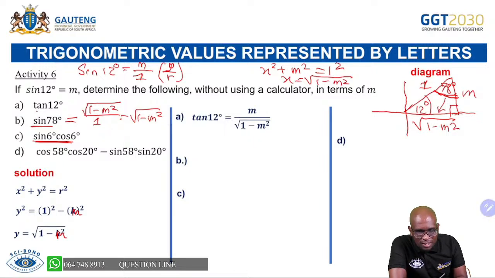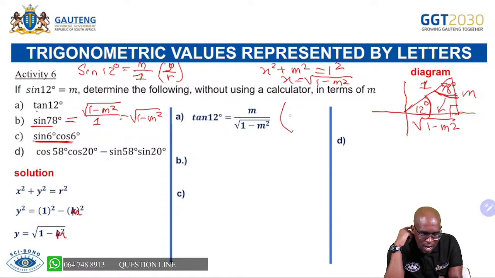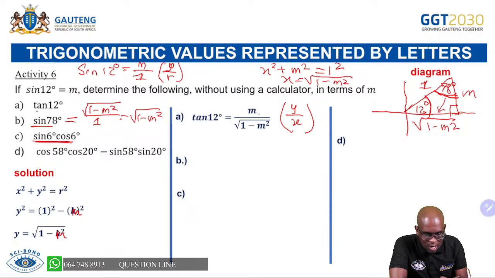And then from there, the tan of 12 degrees, tan is opposite over adjacent. Opposite is m, because remember, I'm looking at y over x from 12 degrees. The opposite is m, the adjacent is that. I'm done with tan 12.